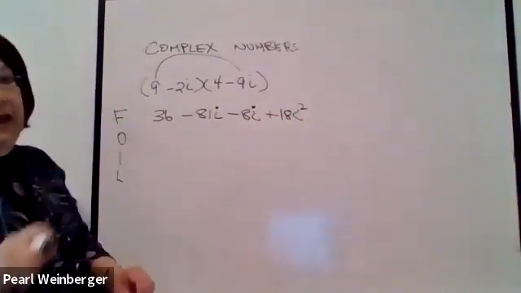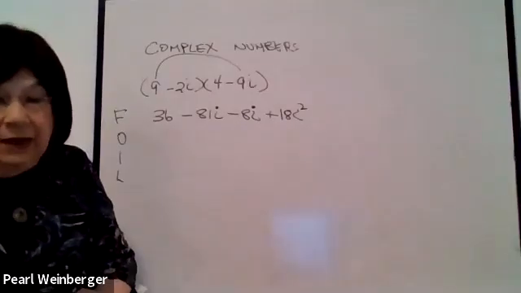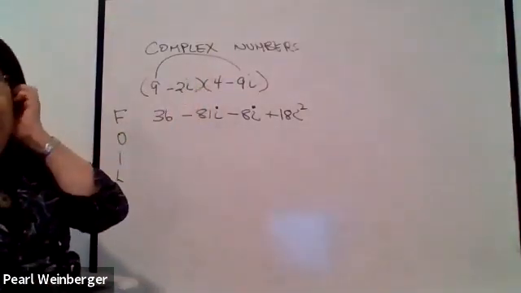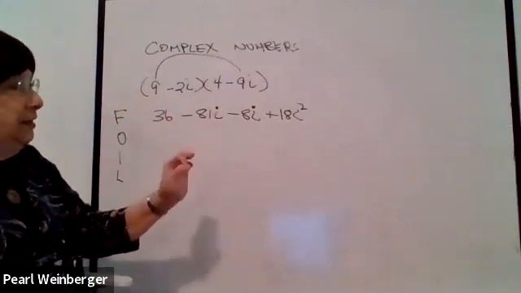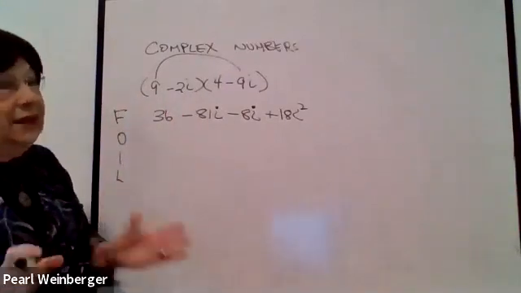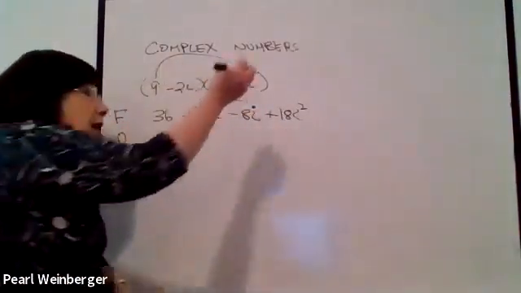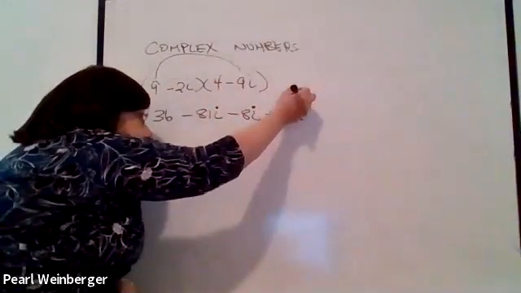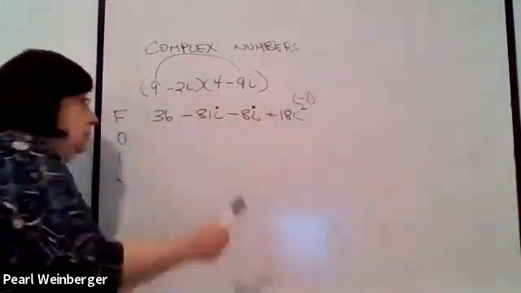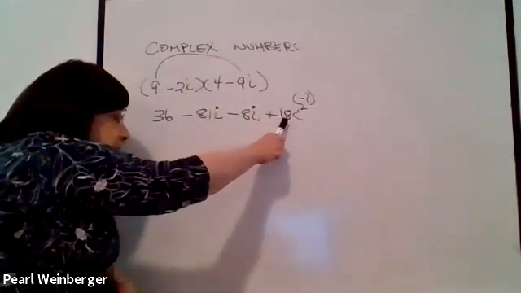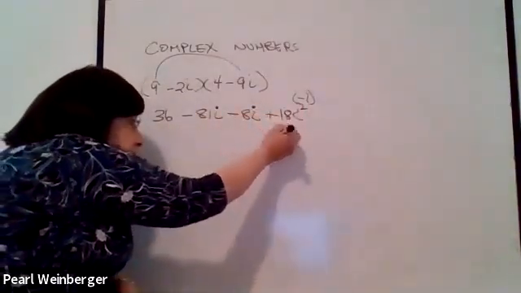If you ask me what's the most common error people are going to make, they're going to do i times i and come up with i. But i times i is i squared, just like x times x is x squared. And anytime I see that i squared, I put a -1 in place of it. So first I multiply the 18 times the -1, which gives me -18.